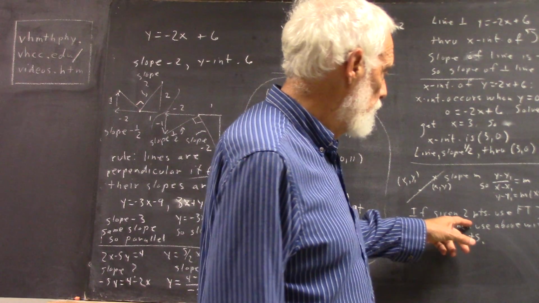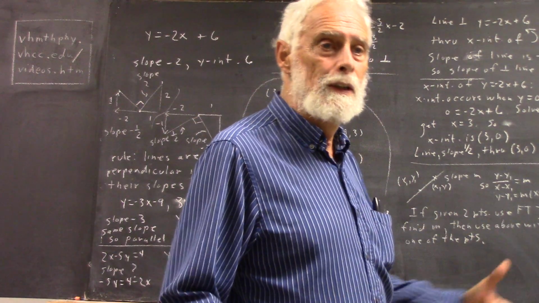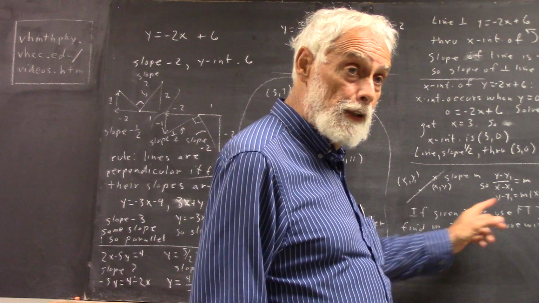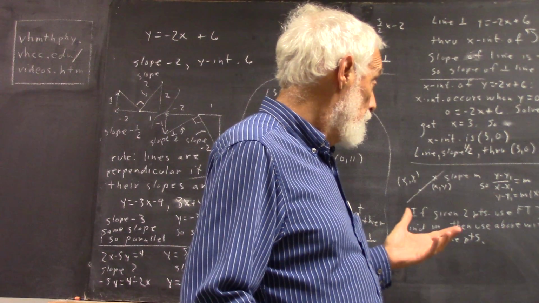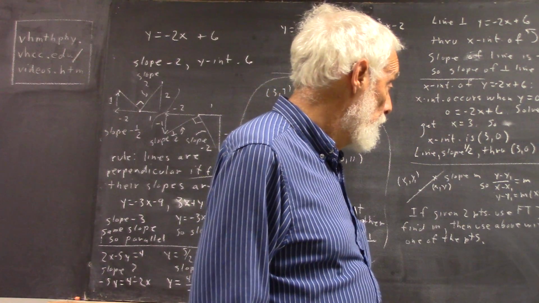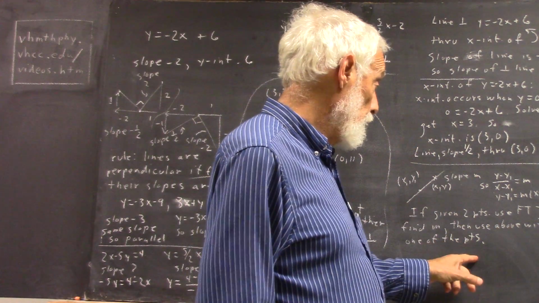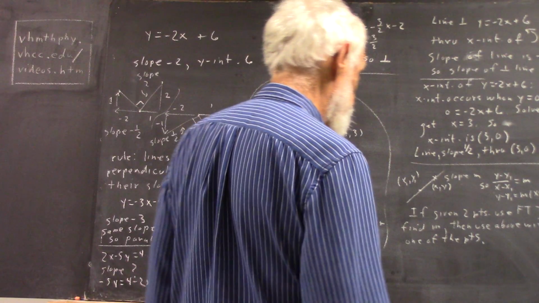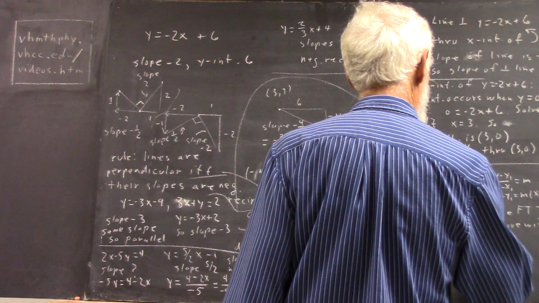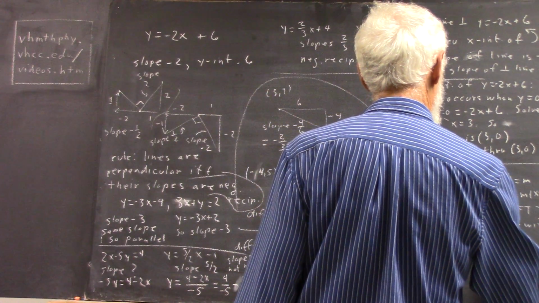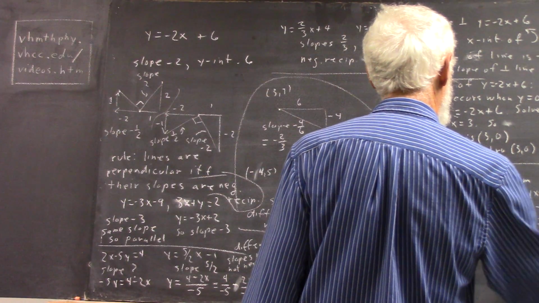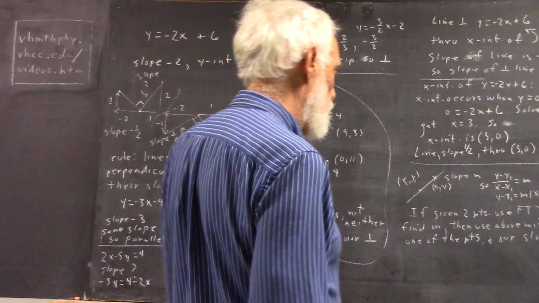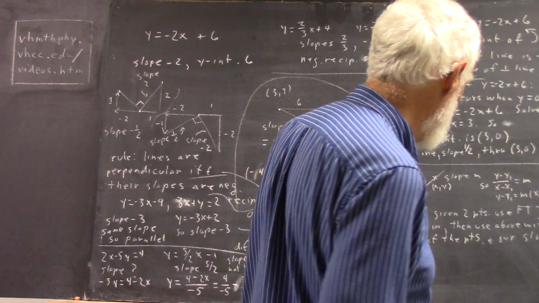Now, if we happen to be given 2 points, first, let's use the fundamental triangle to find the slope between those 2 points. Then we just do what we did here, using one of the points and our slope, the slope we found from the fundamental triangle for the 2 given points.